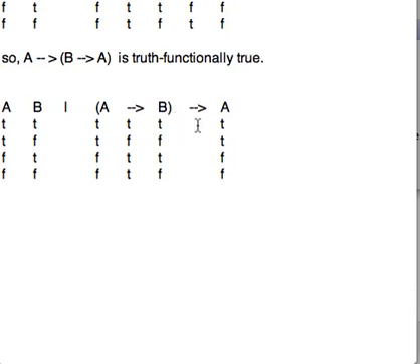So when we evaluate this material conditional, we're not going to look at this truth value under B or this truth value under A. We're going to look at the truth value that we've given for the complex sentence, which is under the main connective of that sentence. So let's evaluate this material conditional right here. The antecedent, which is this complex sentence, is true and the consequent is also true. So this material conditional gets assigned true.